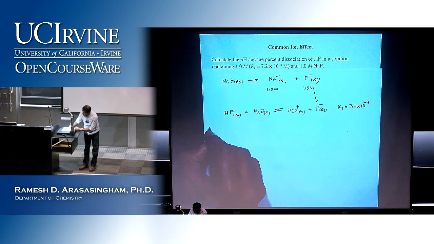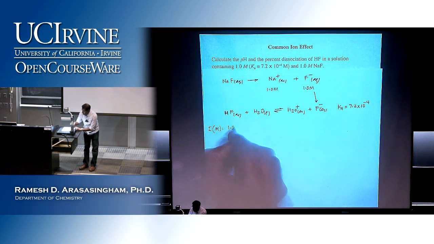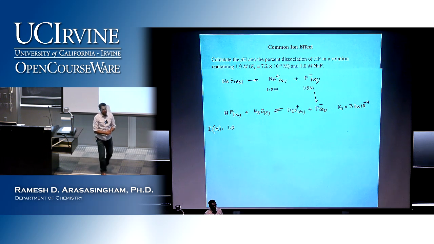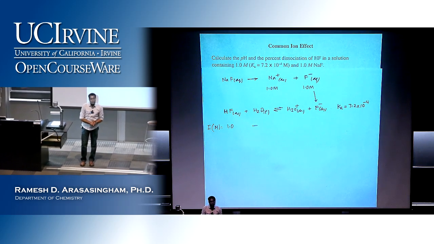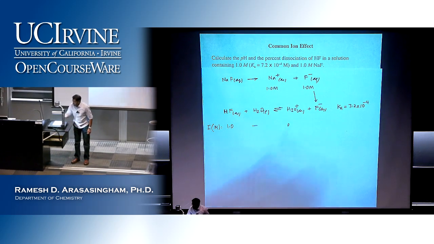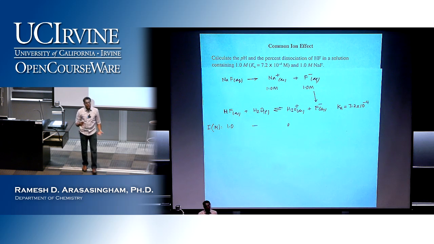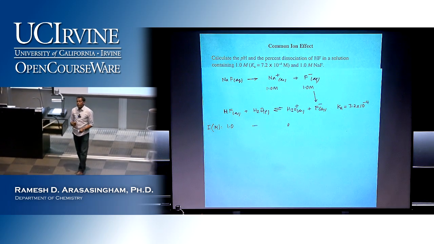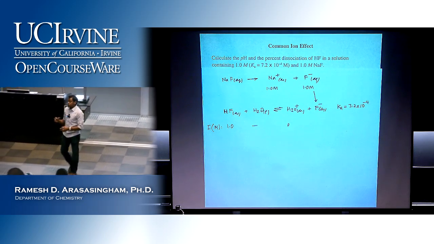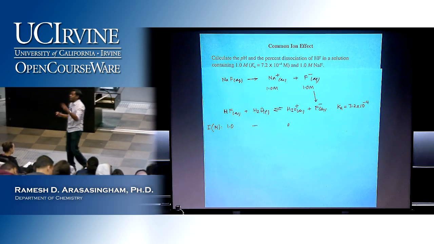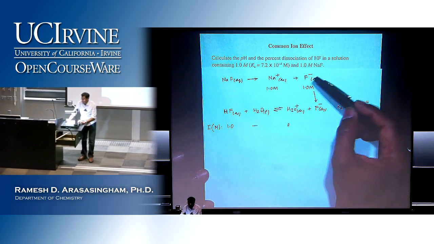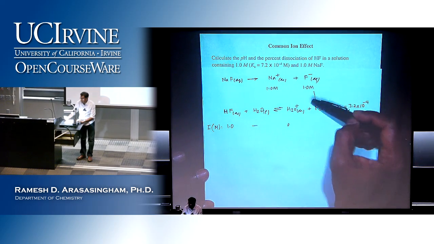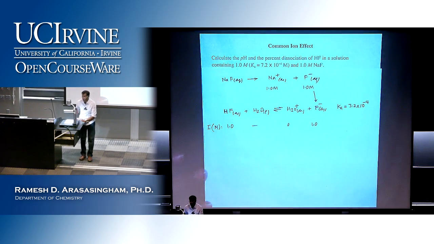So if we wanted to look at initial concentrations in molarity, we know that we have 1 molar of HF to begin with. We are not concerned with the concentration of water. The acid hasn't reacted yet, so we're going to have 0 hydronium ion, but our fluoride ion concentration is different because we've added fluoride ions from the salt. So to begin with, there's fluoride ion concentration, and therefore that would be 1.